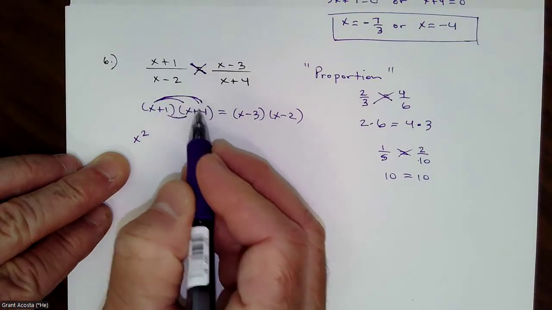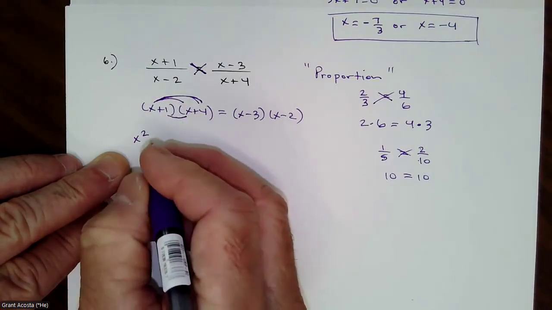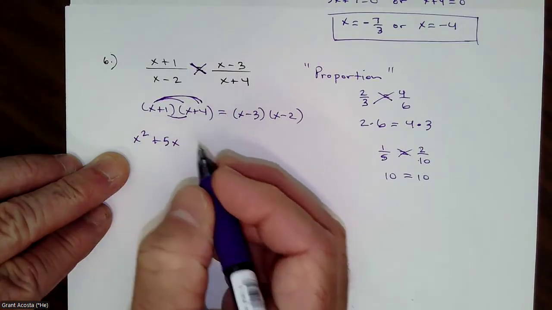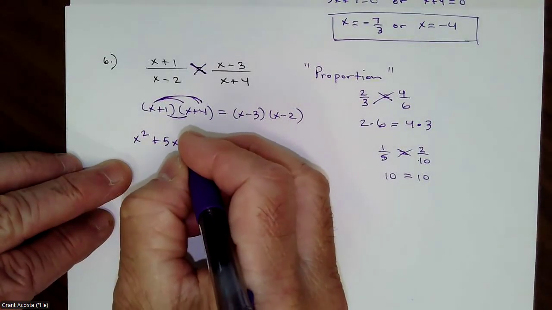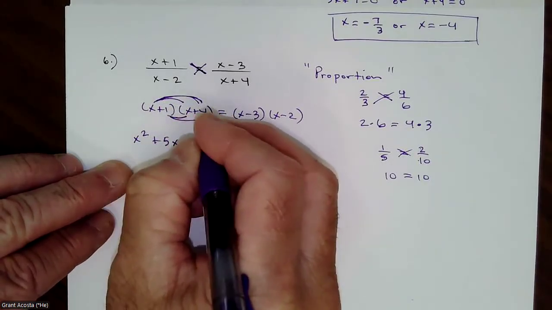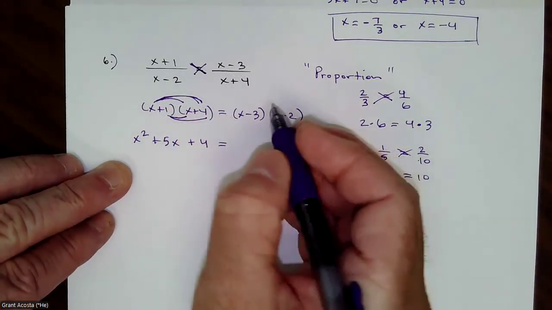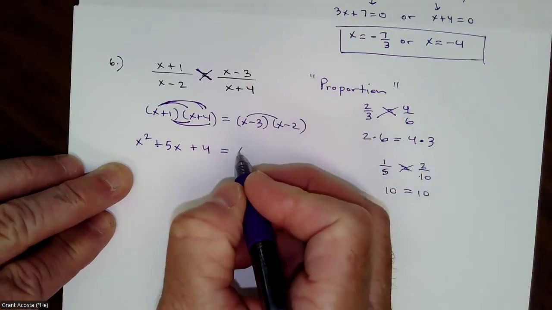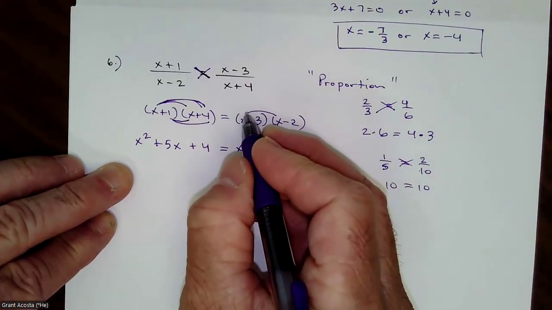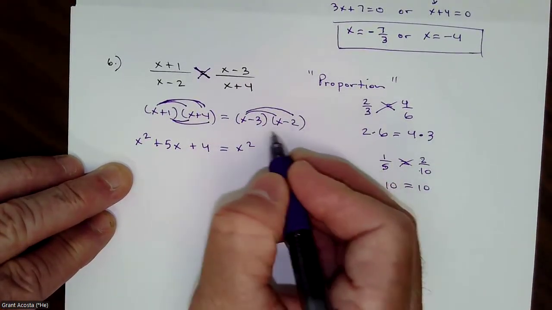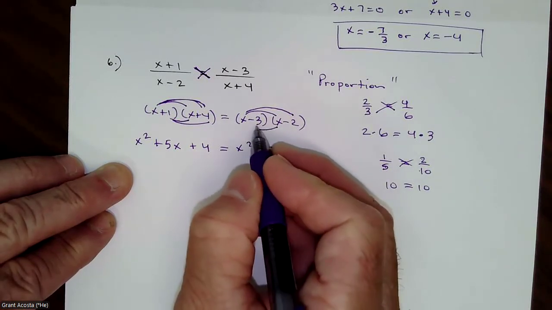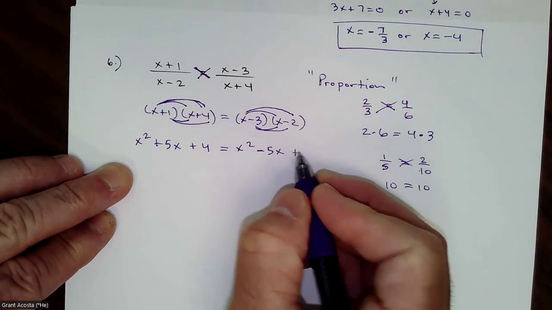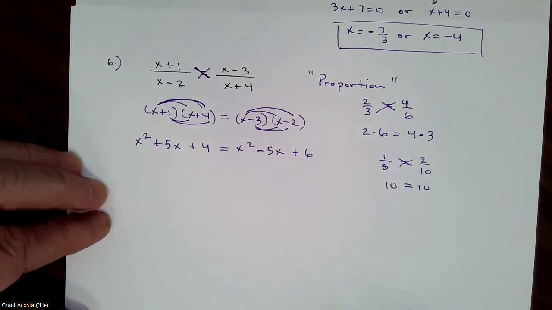I'm going to have a 4x and a 1x, which together gives me 5x. And if you can do that in your head, it's going to make your algebra go a little bit faster. And then I have the 1 times the 4, which is 4. Over here, x squared. So that's minus 2x, that's minus 3x. Those would combine to minus 5x. And then negative 3 times negative 2 is plus 6.